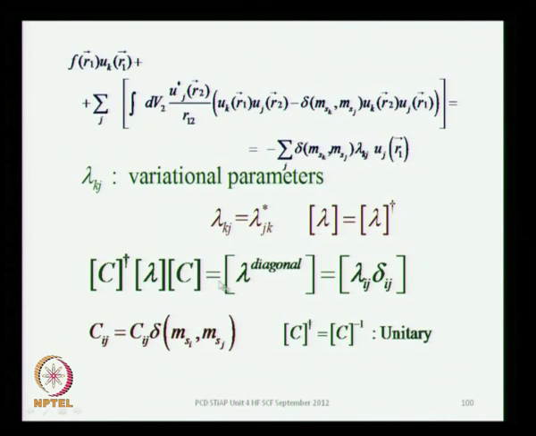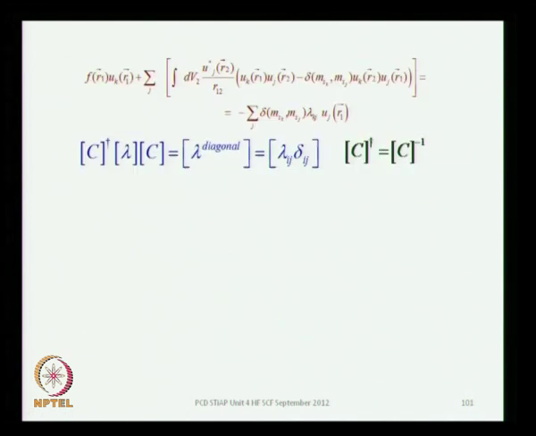We also know that this is a unitary transformation. So, C dagger is equal to C inverse, and we can now use this to write this in terms of the basis in which lambda is diagonal.